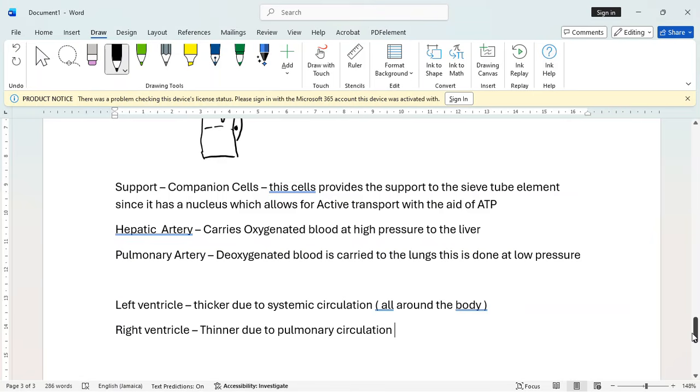Remember, it goes to the concept of the muscles. The muscles need more energy. So the thicker you are, it is due to the more muscles that you have, which means you need more energy.